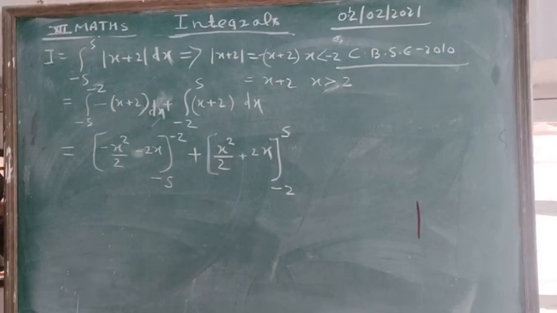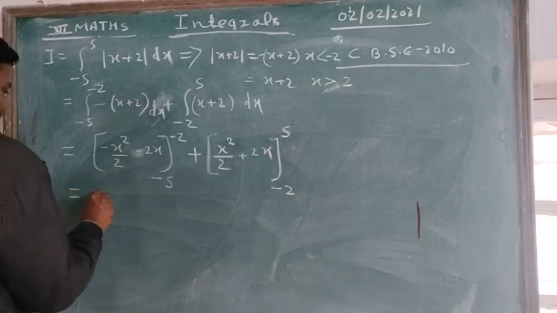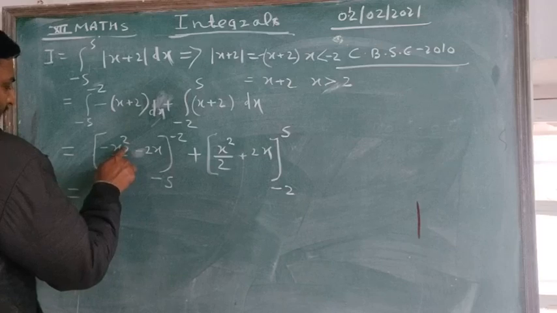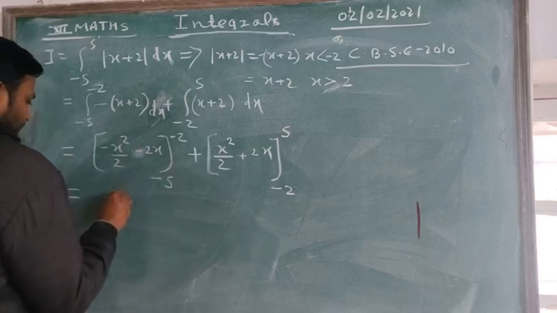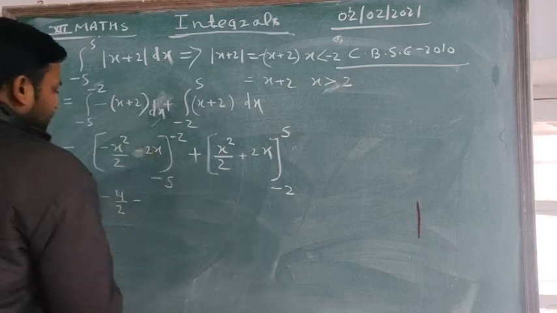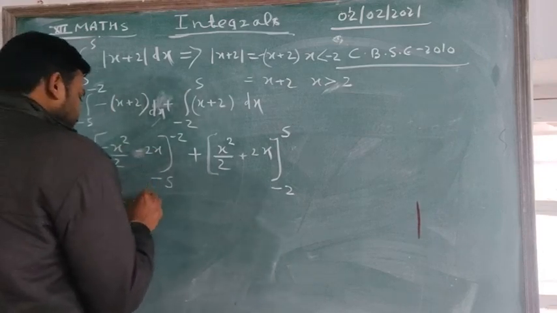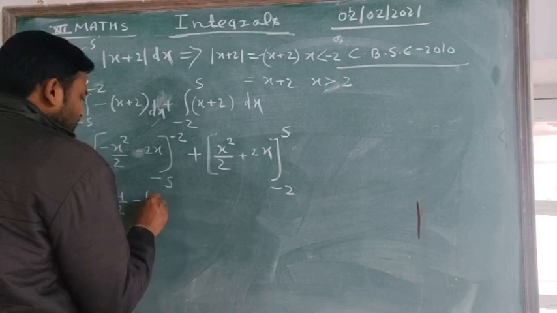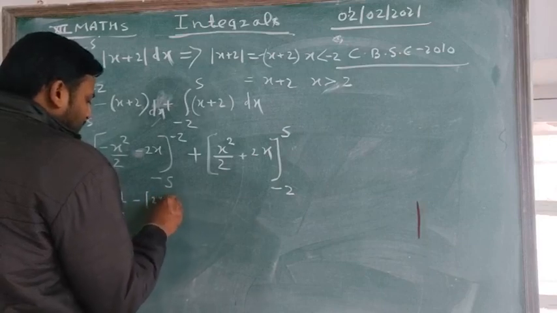Okay students, so you know when we put minus 2 square, this gives us 4 by 2, and this is minus 2 into minus 2.